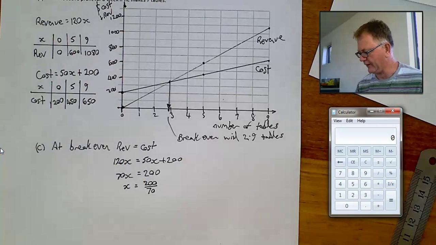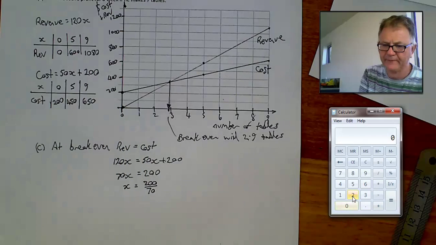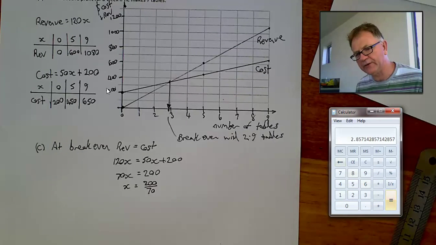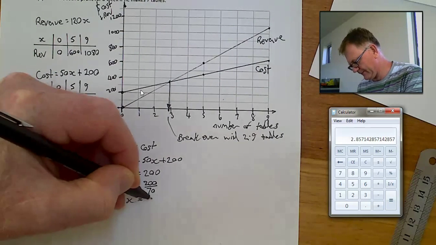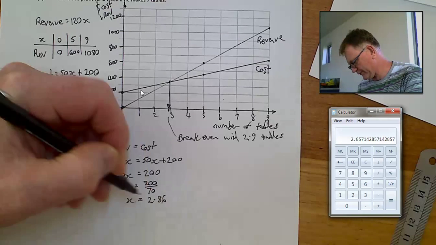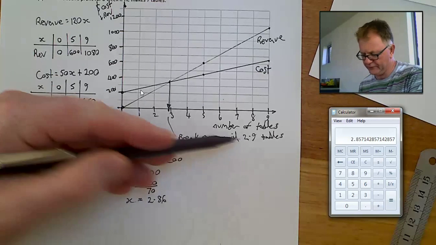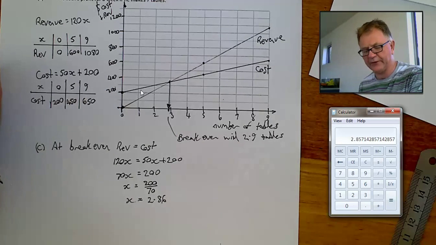I'm going to do that on the calculator. And I get 2.86 coffee tables to break even. Very similar, 2.9 was what I found when I did it graphically.